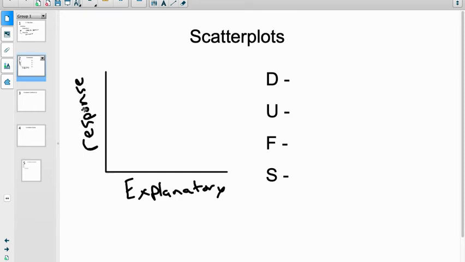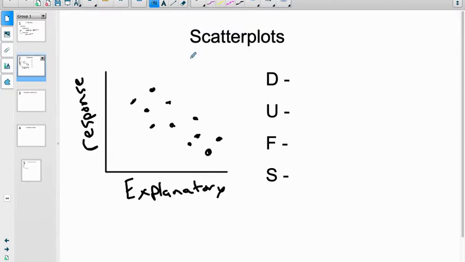A scatter plot is just a graph of those two variables. So x, y coordinates, x being your explanatory, response being your y variable. So it could look something like that.